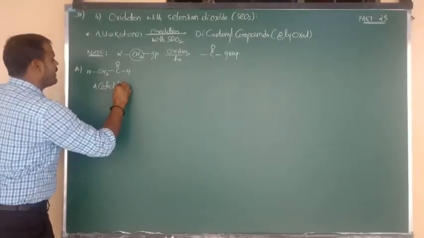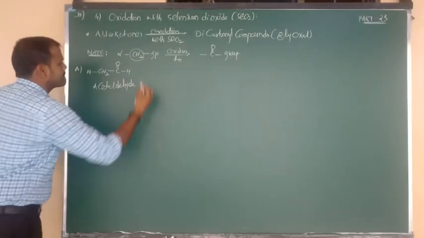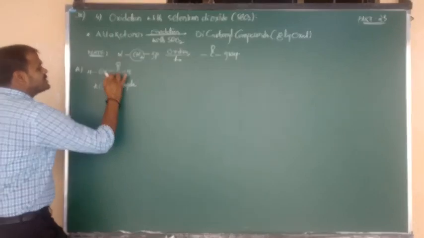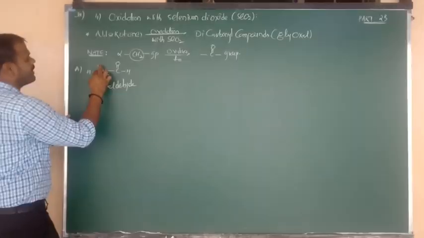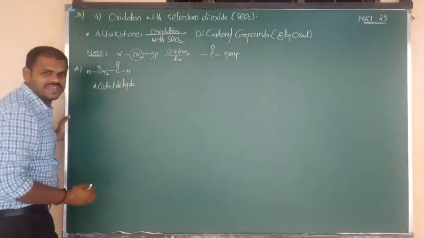This is the functional group CHO, the adjacent carbon is the alpha carbon, and the alpha place has CH2.